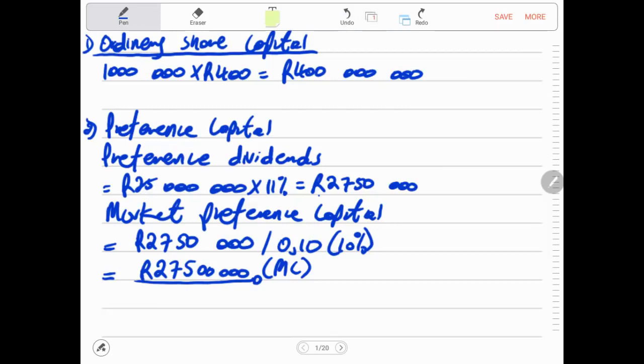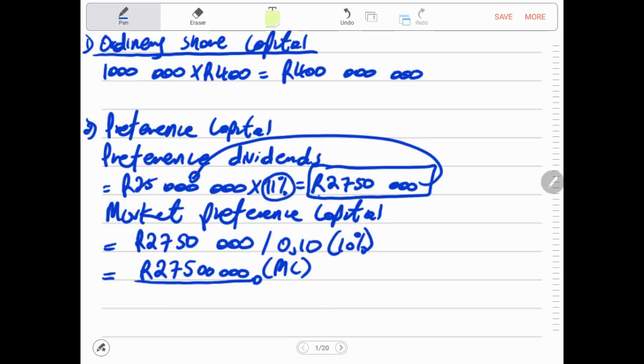Remember, let me just go over a very similar approach. We already have our preference dividends of 2,750,000. So in order for us to go back and calculate our preference capital, which we know according to the business, we divide this by 11%. If you divide this by 11%, it will give you the same 25 million.